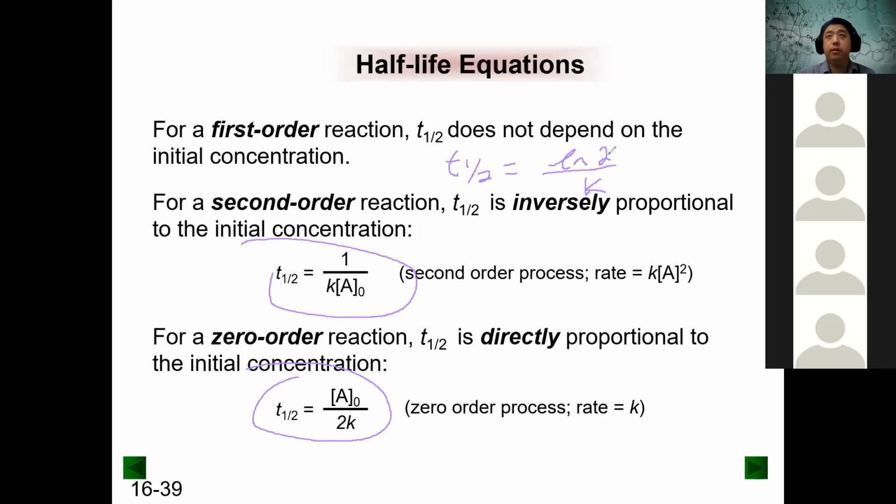In the denominator, right? That's correct. So here, if I wanted to separate this, this is just 1 over k because the k is on the bottom. This is just 1 over k, okay? This is also just 1 over k. So our half-life, no matter which one, first, second, or zero order, it's always in some related way to 1 over k. So keep that in mind.